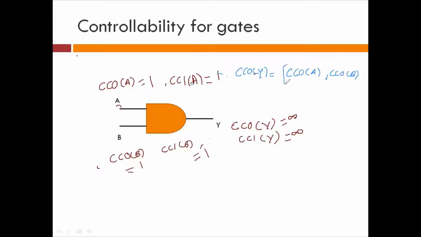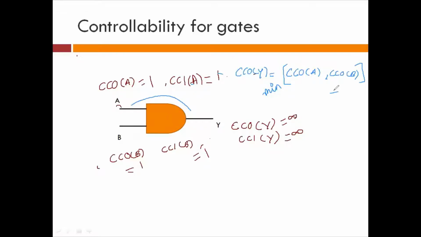Since it is either one of the inputs, I take the minimum effort. If I set either one of the inputs, I count the minimum effort. So of the two, whichever is the minimum effort is what we take, plus 1 for each level of the combinational circuit. When we are going from input towards output, we are moving one level ahead, so we are increasing the level by 1.